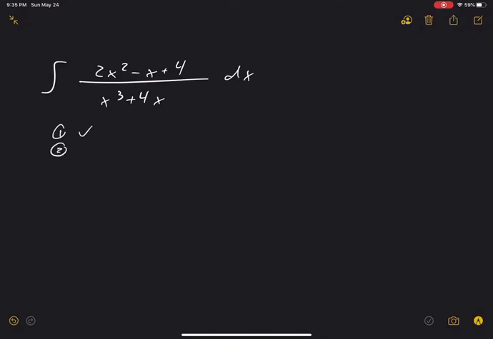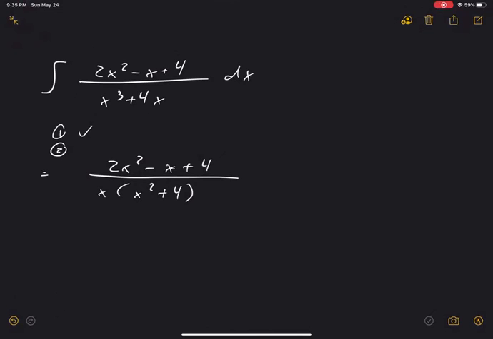Step 2, factoring my denominator. Let's forget about the integral sign till the end. I factor the denominator, and just like the previous case, I pull out an x. Then I've got x squared plus 4. So this is another one of those irreducible things.